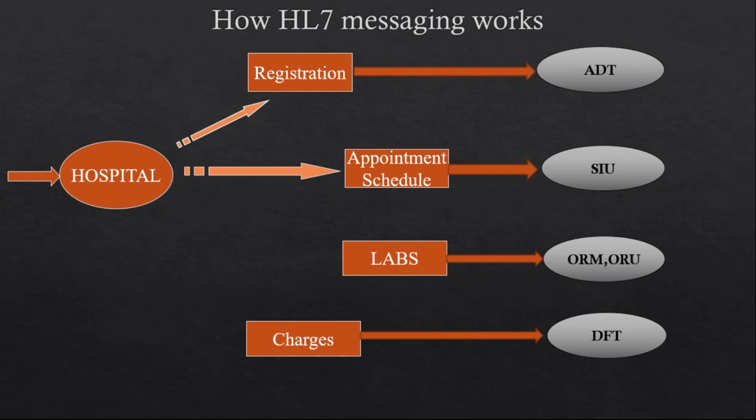Whenever there is a message standard which flows in one direction, it is called unsolicited. In the real world, for demographic messages, there could be a possibility that we might be sending from PM to EHR, and from EHR to a different PM again. So there is a two-way flow of demographic messages or ADT messages.